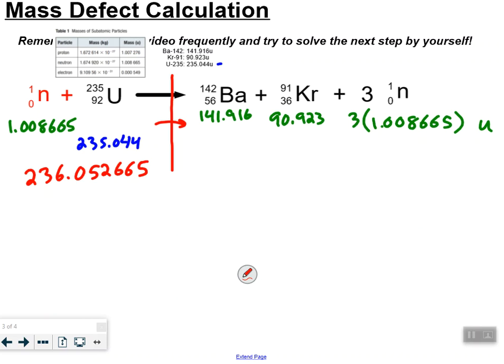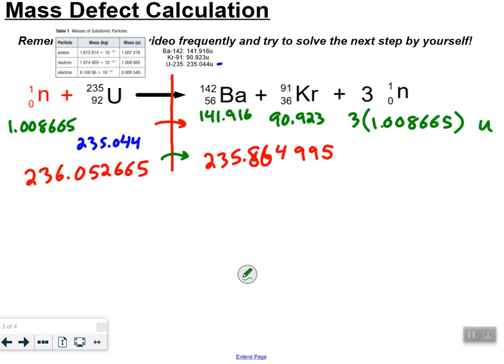On the right side, I get 235.86499. You can see there's a change, and it's smaller. That's a good thing. If you get a number that's bigger, something went wrong. Check your math. It's hard because you've got a lot of numbers to enter, so you've got to be very meticulous about the numbers you plug in.